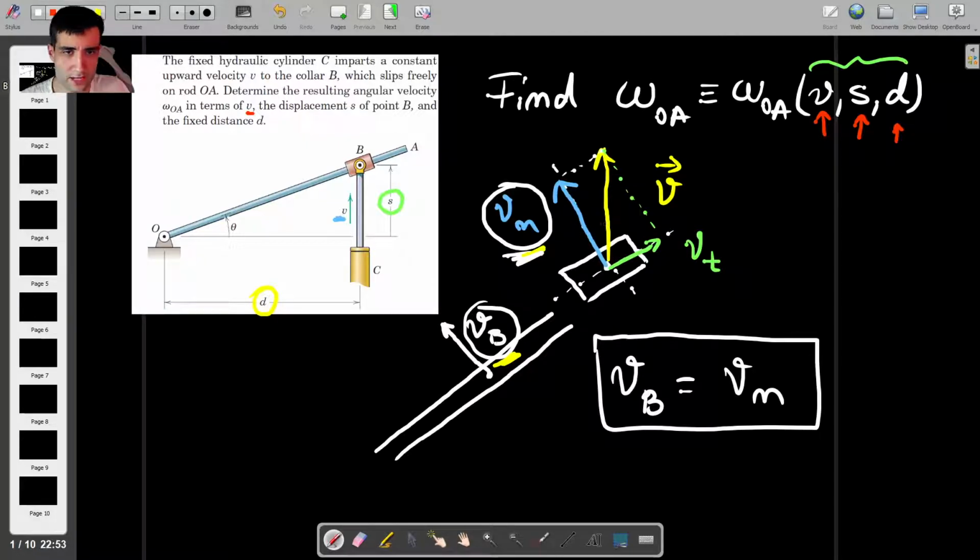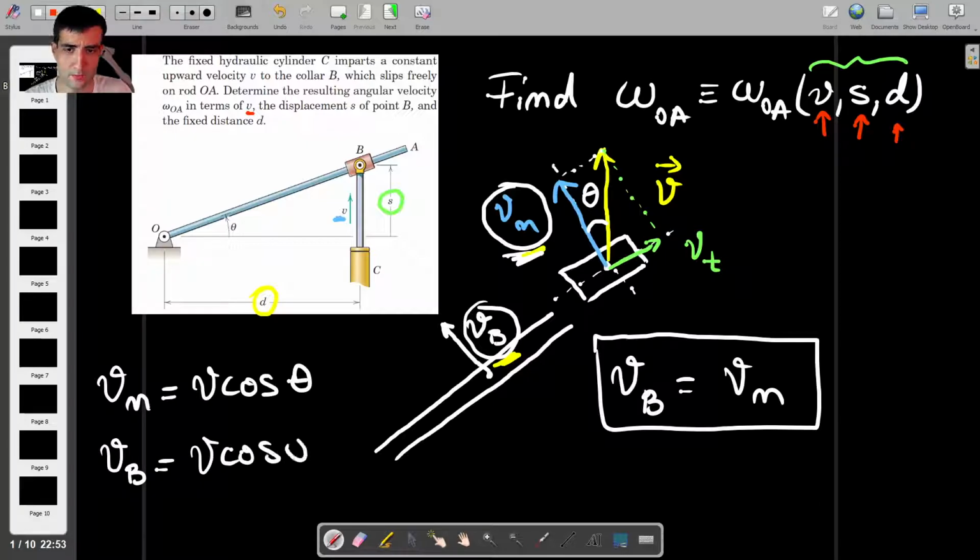This angle here is also theta if you do a bit of geometry, which means that Vn is actually V cosine of theta. Which means that the velocity of the bar at point B is also V cosine theta, because as we just discussed, VB is equal to Vn.